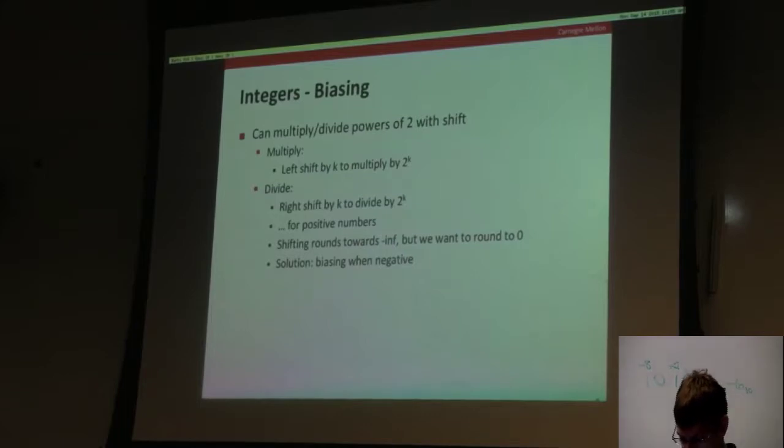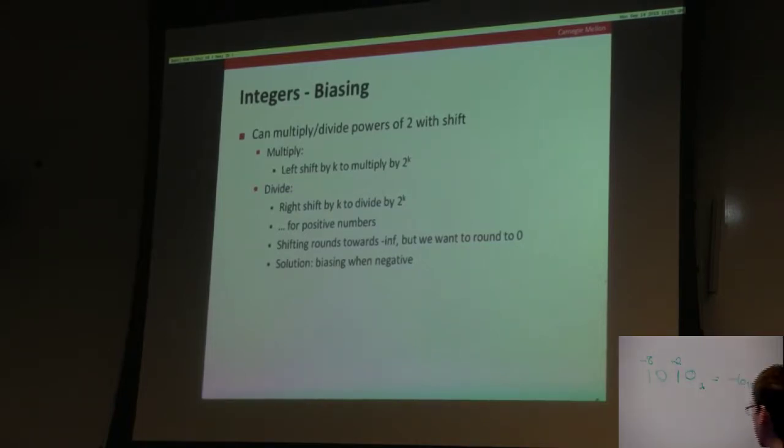Say we want to divide -6 by 4. We're going to try doing that by just shifting to the right by 2, because 4 is 2 to the 2. So what do we get? When we do a shift, there are 2 types of shifts that we can do, logical and arithmetic.